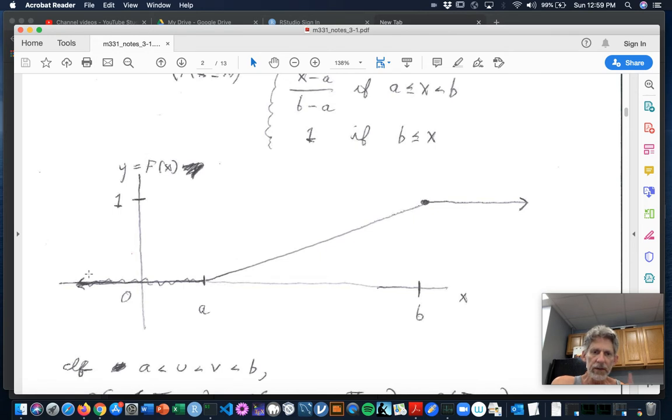Furthermore, it's given us what we think ought to be the case for uniform random variables when x is less than a. Imagine that x is this number here where I'm waving my cursor. What's the probability that capital X is less than or equal to that little x?